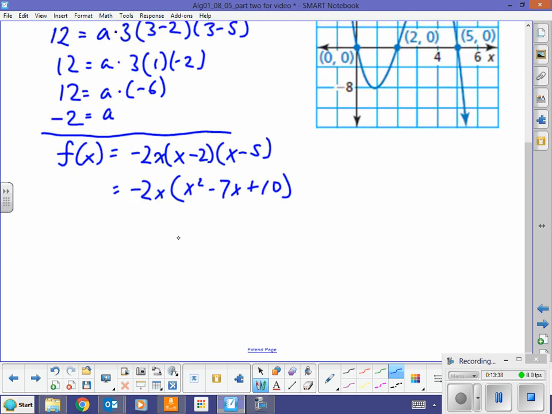And then if I multiply by negative 2x, I'll have negative 2x cubed plus 14x squared minus 20x. That's it. This is our cubic function.